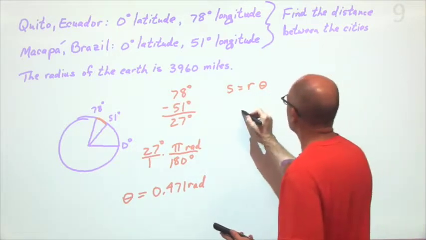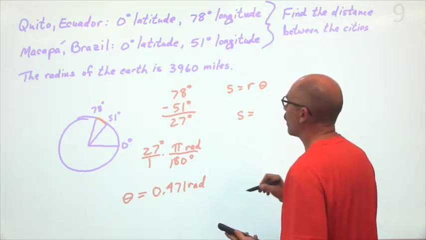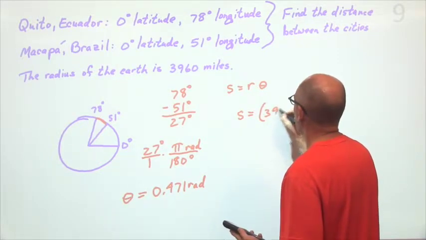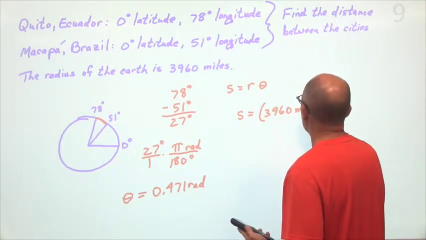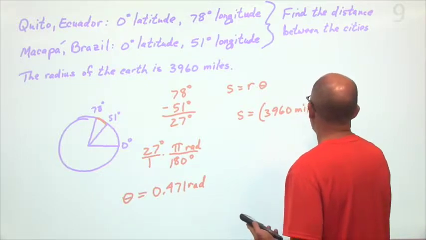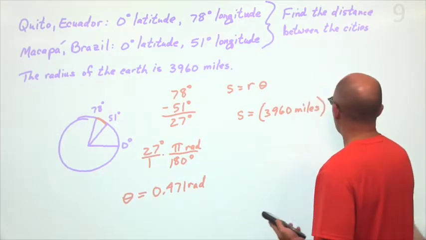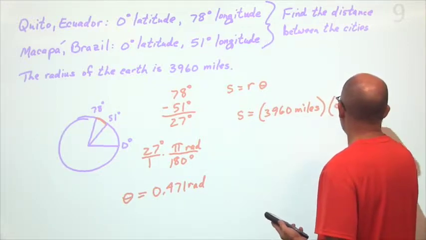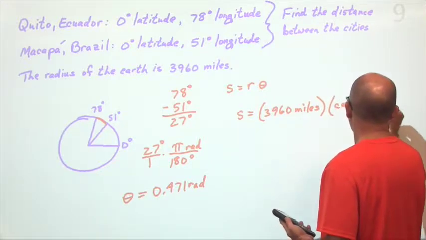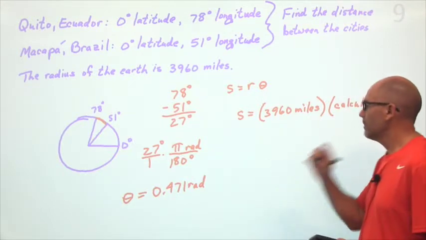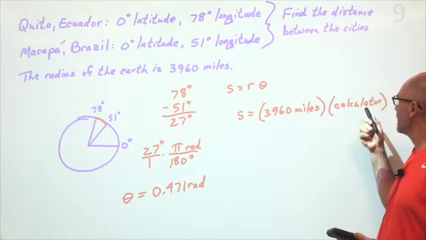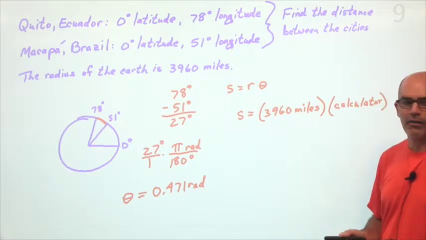So S equals R, which is 3960 miles, times the radians. I'm not going to type in 0.471 into my calculator. I'm just going to leave what's in my calculator there.